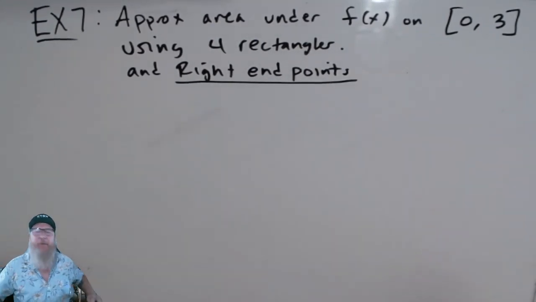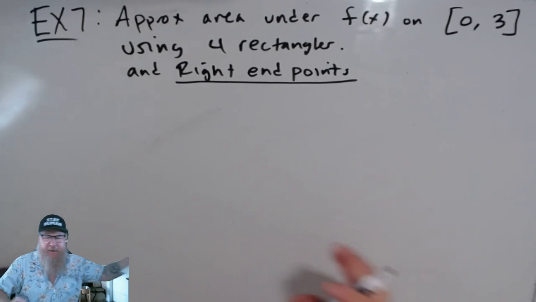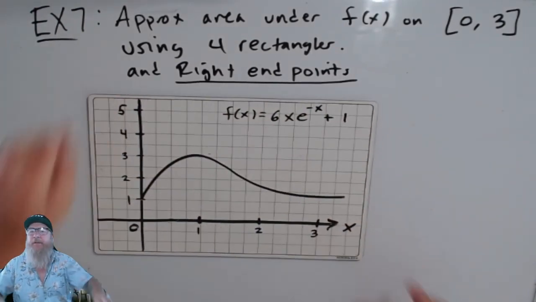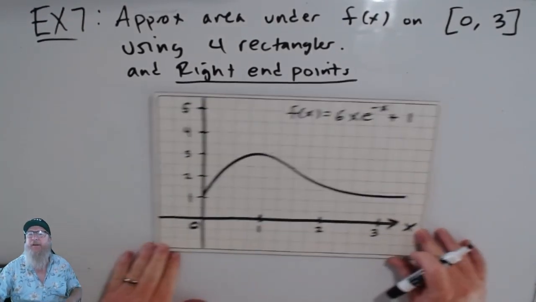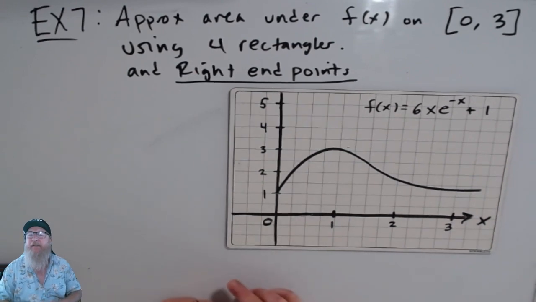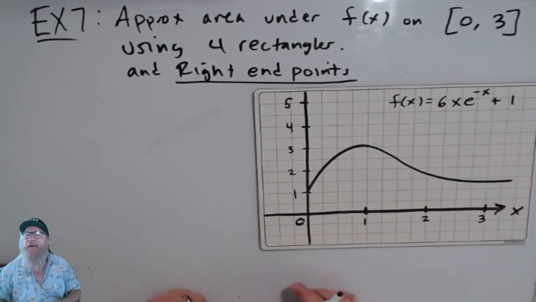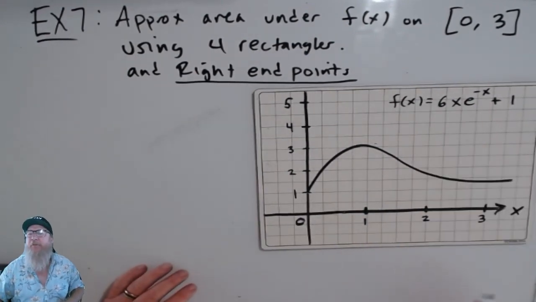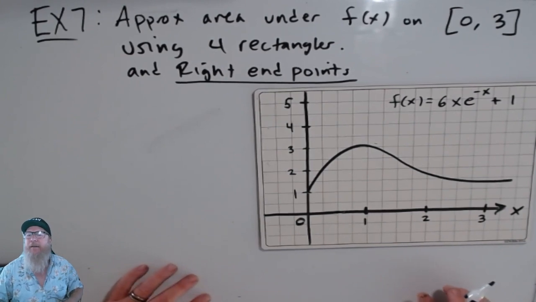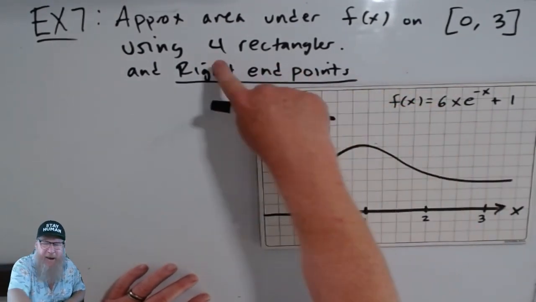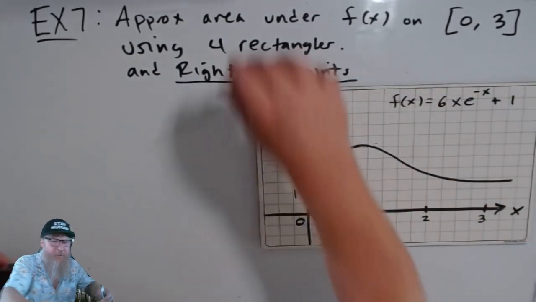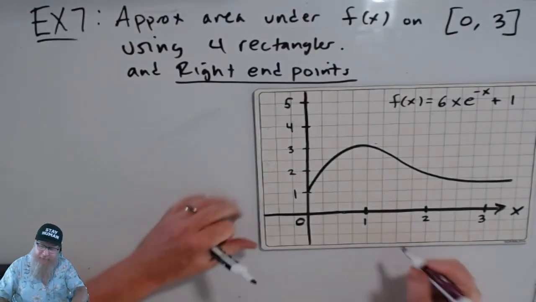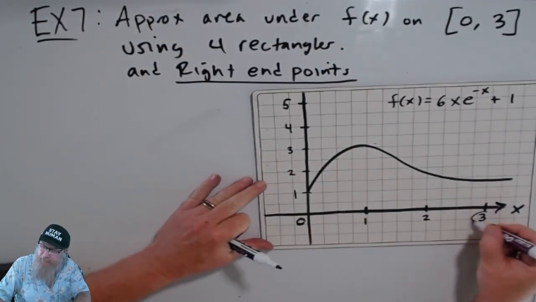Oh, and I've got to give you an f, so I have a pre-prepared f here, so you don't have to sit here and watch me graph it. So this is our function f of x. It's an exponential function. It's a little bit more exotic than the last one we saw. It's got this little hump in it. And we're going to use 4 rectangles on the interval from 0 to 3.